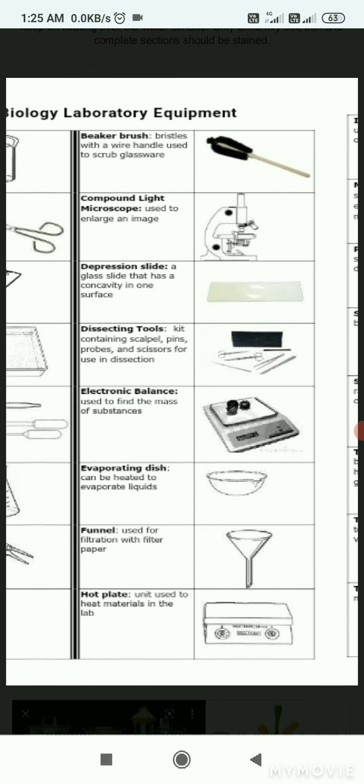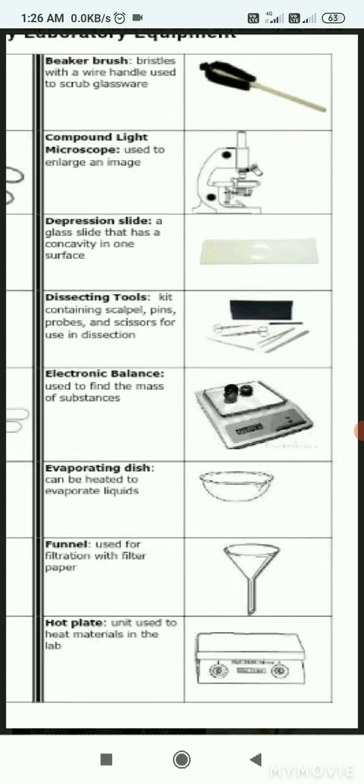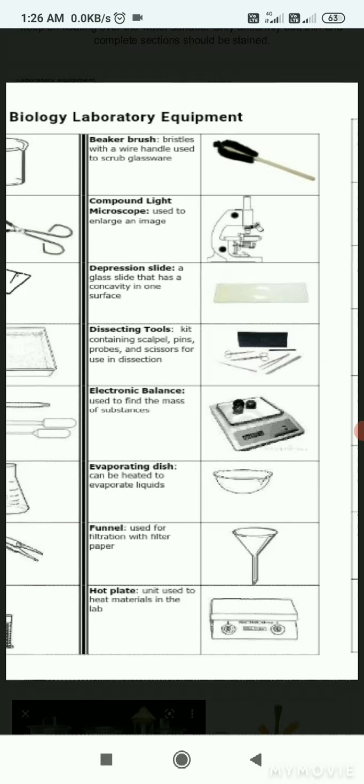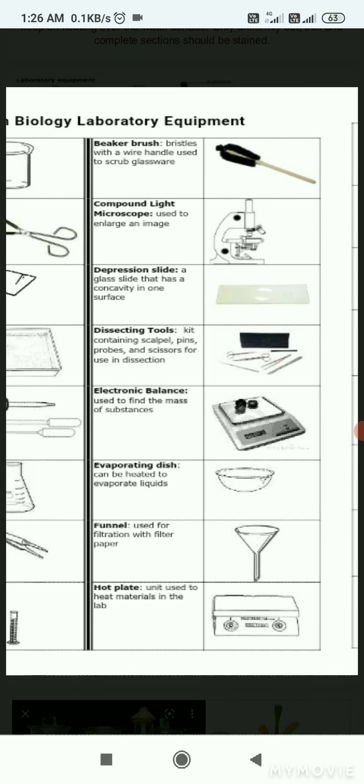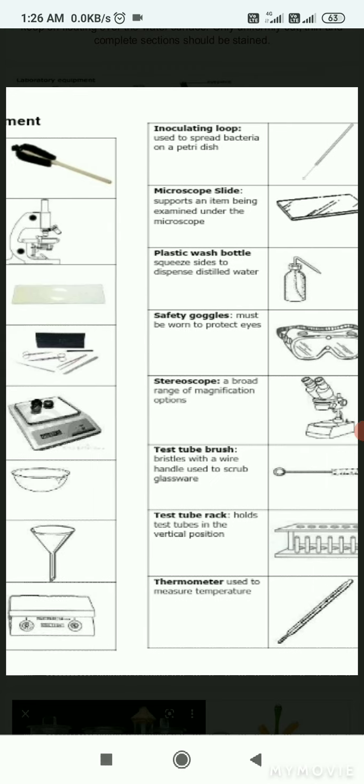Then these are some scissors, forceps and scalpel for dissection purpose. Then this one is the electronic balance, and this is the evaporating dish, and this one is the funnel which is used for pouring liquid into glasswares. This is the hot plate which is used for heating purpose.